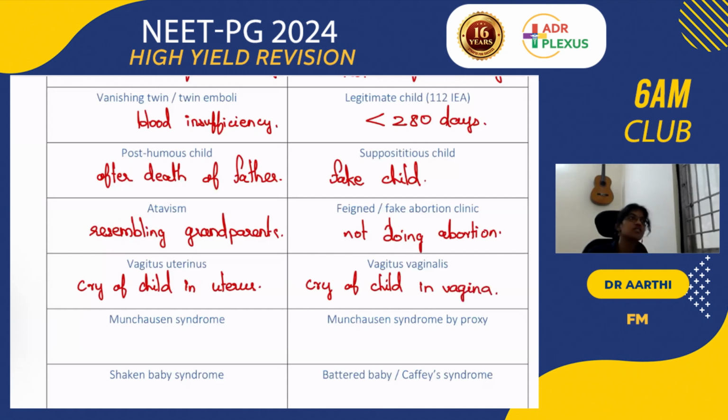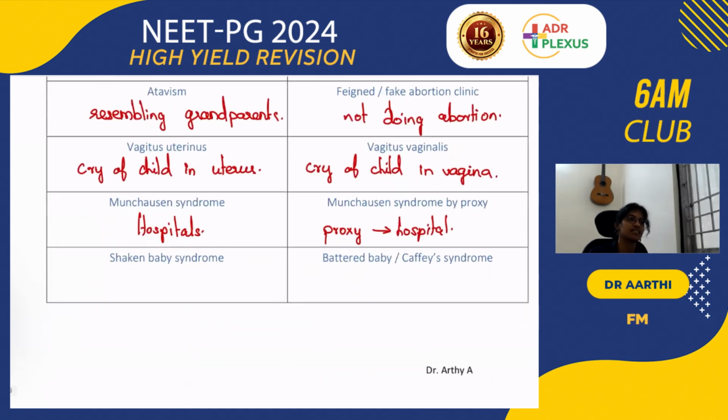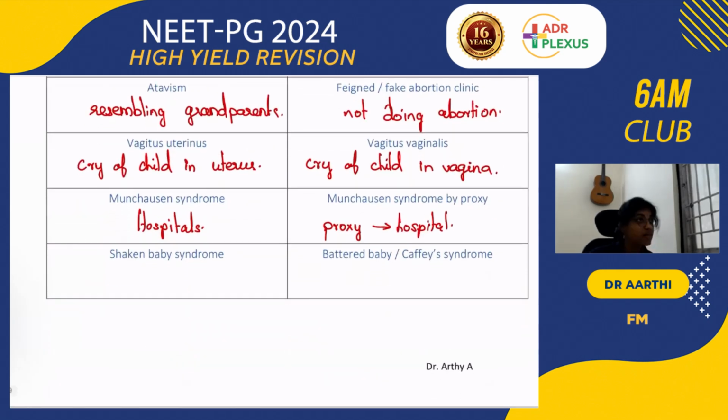Okay. Munchausen syndrome means they come repeatedly to the hospital with some symptoms. Munchausen syndrome by proxy means they bring a proxy. That can be a child, a grandparent to the hospital, saying that this child is sick, the grandparent is sick, this, that. Shaken baby syndrome, the baby is shaken vigorously.